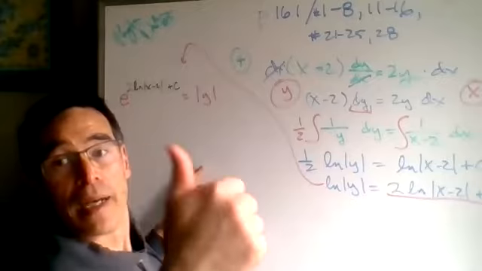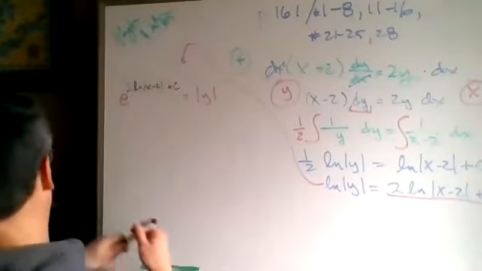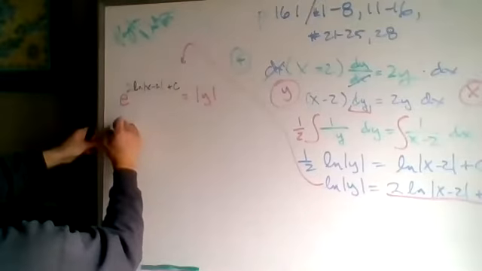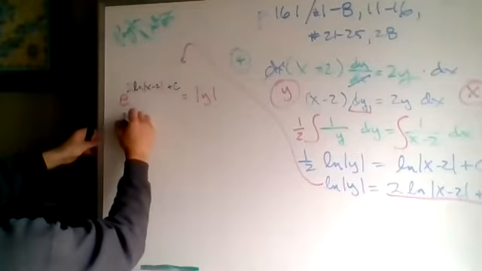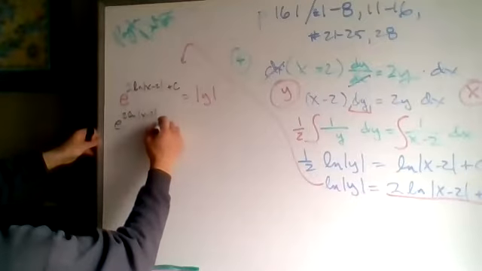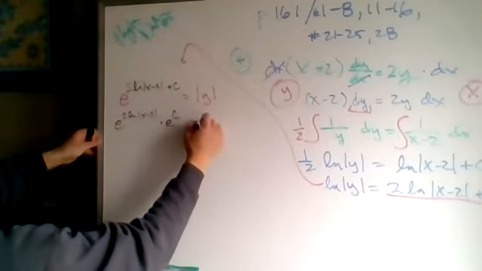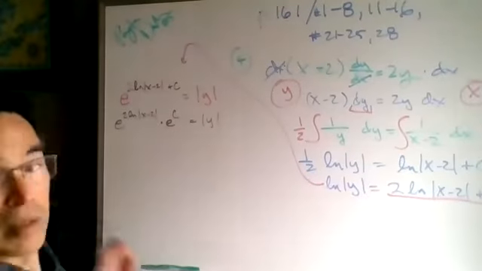Yeah, okay. So now I'm going to split this up into 2 chunks, right? This will be e to the natural log of x minus 2 times e to the c.